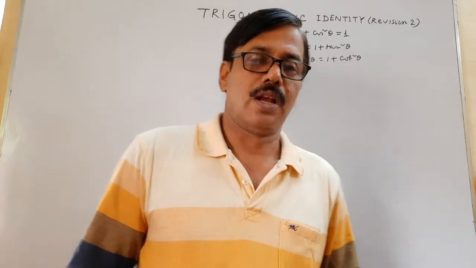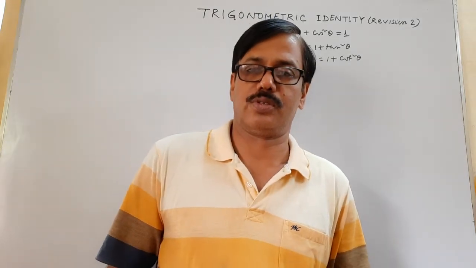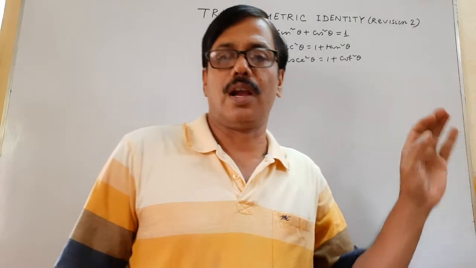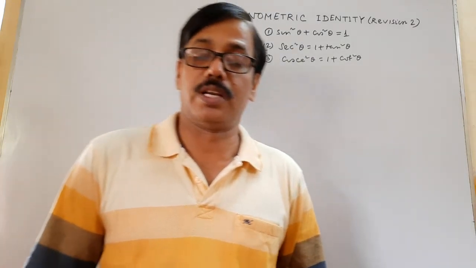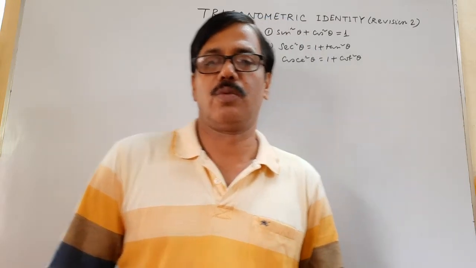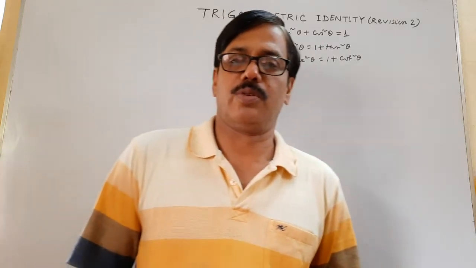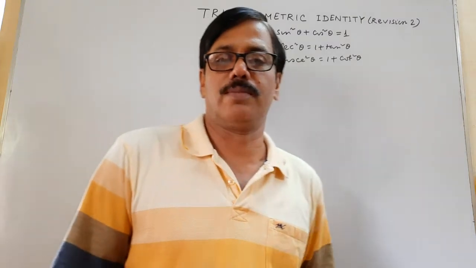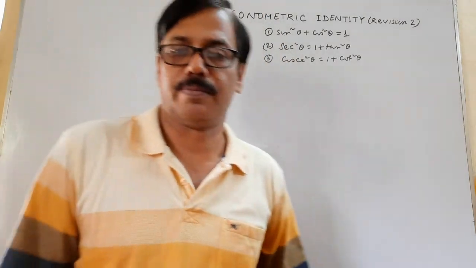Then I have discussed what are trigonometric ratios, then trigonometric identity, and the difference between trigonometric ratio, trigonometric equation and trigonometric identity. Today through this video, I will solve some interesting problems of trigonometric identity.